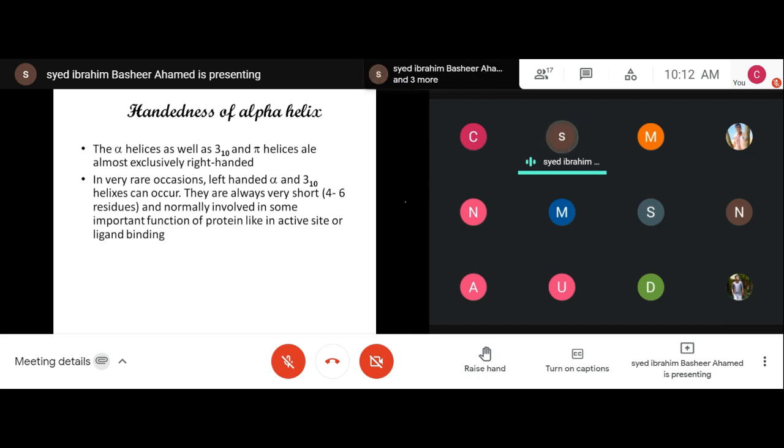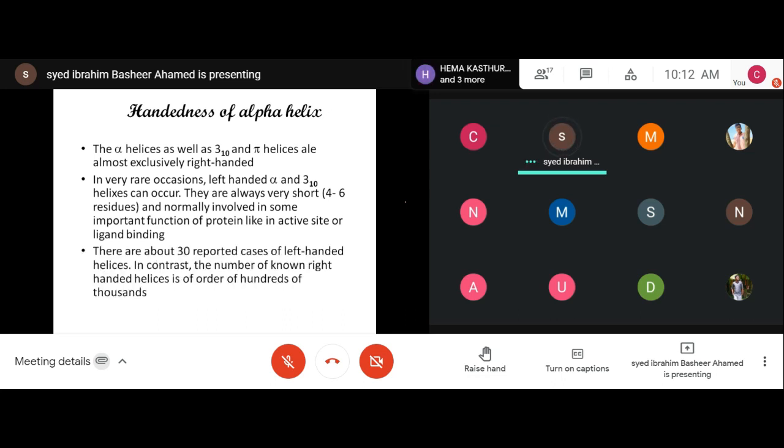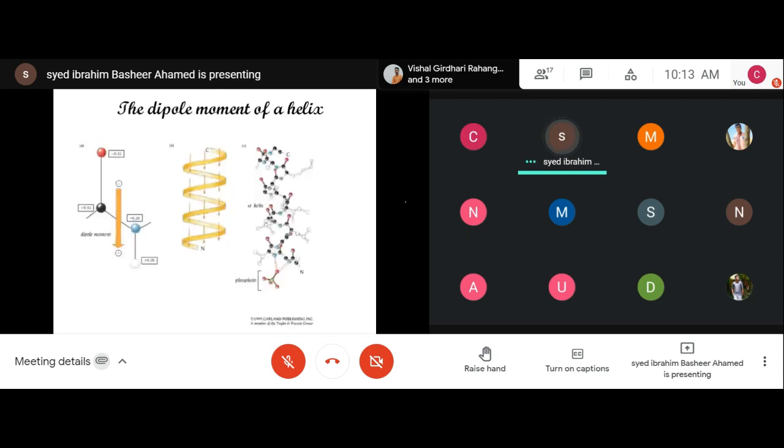Mostly they have only a very short stretch of sequence, maybe 4 or 5 amino acids. There are only about 30 reported cases of left-handed helices, so not too many.